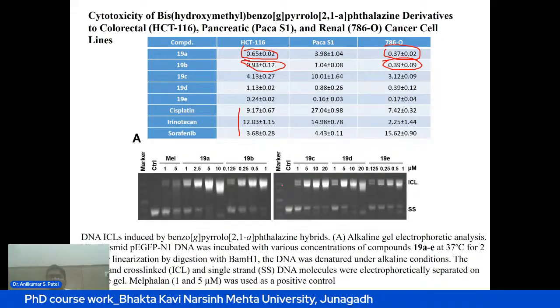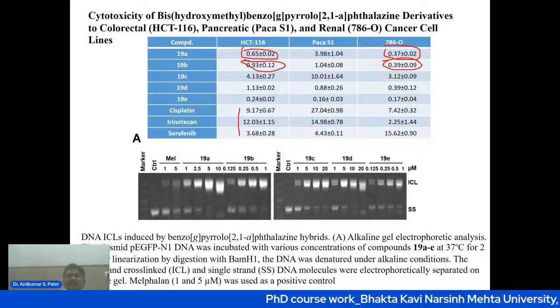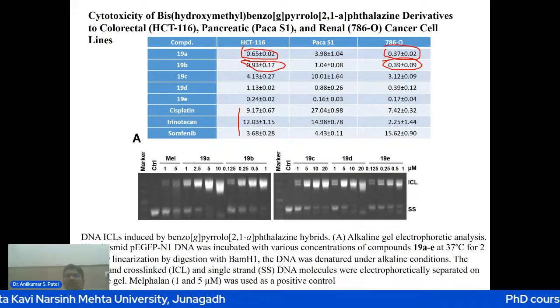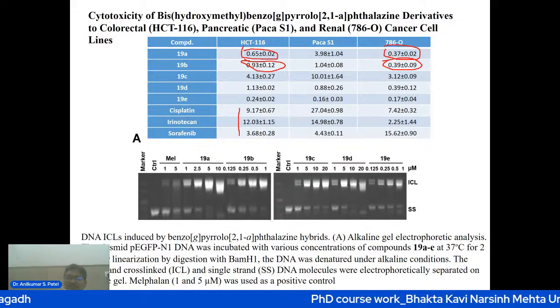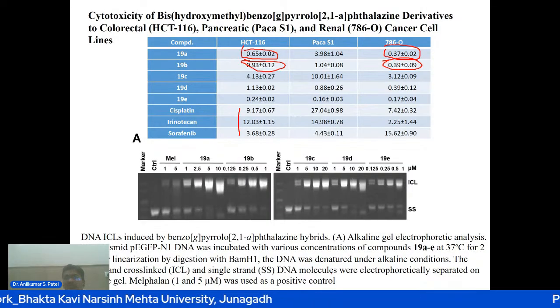After linearization and digestion, the DNA was denatured under alkaline conditions. The interstrand cross-linked and single-strand DNA molecules were electrophoretically separated on an alkaline gel. This looks similar to TLC on an alkaline gel. We took melphalan as the standard drug, as a positive control.